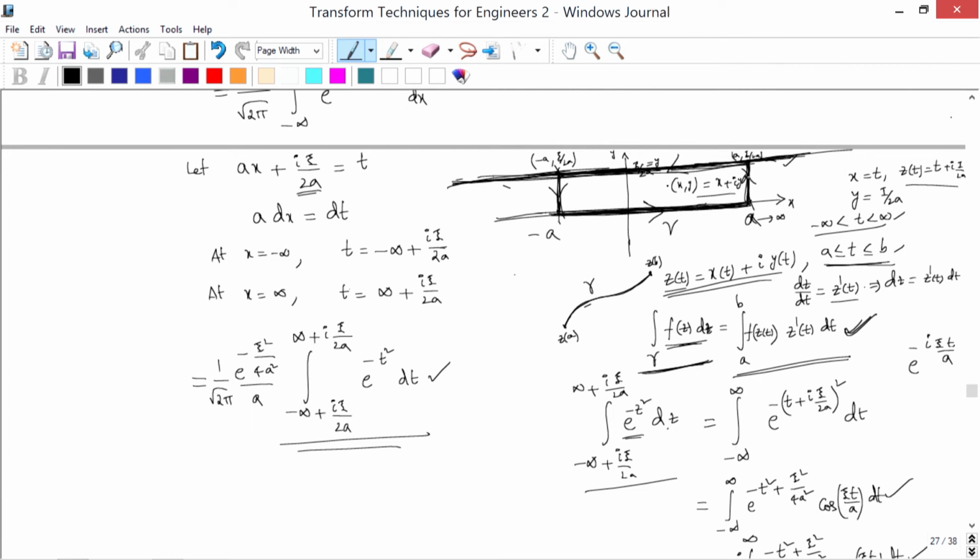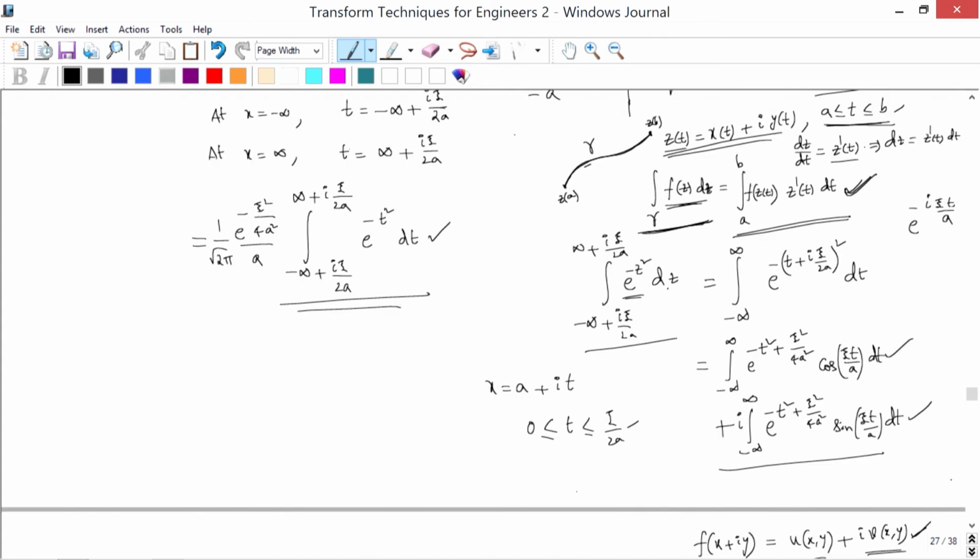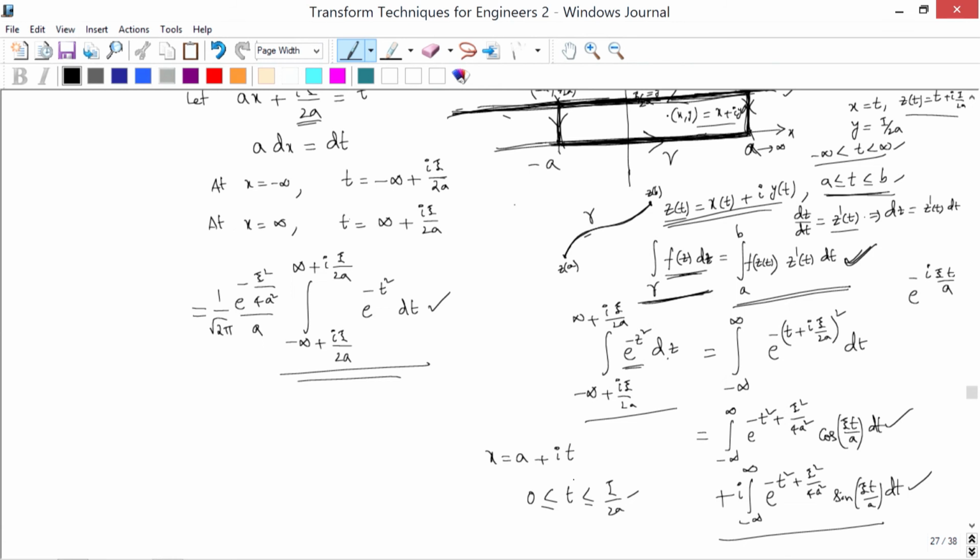And for this piece, what is the parameterization? The parameterization for that piece is x equal to a, and y is t, so that means a plus i t, where t is between 0 and xi by 2a. Okay, this is your curve.